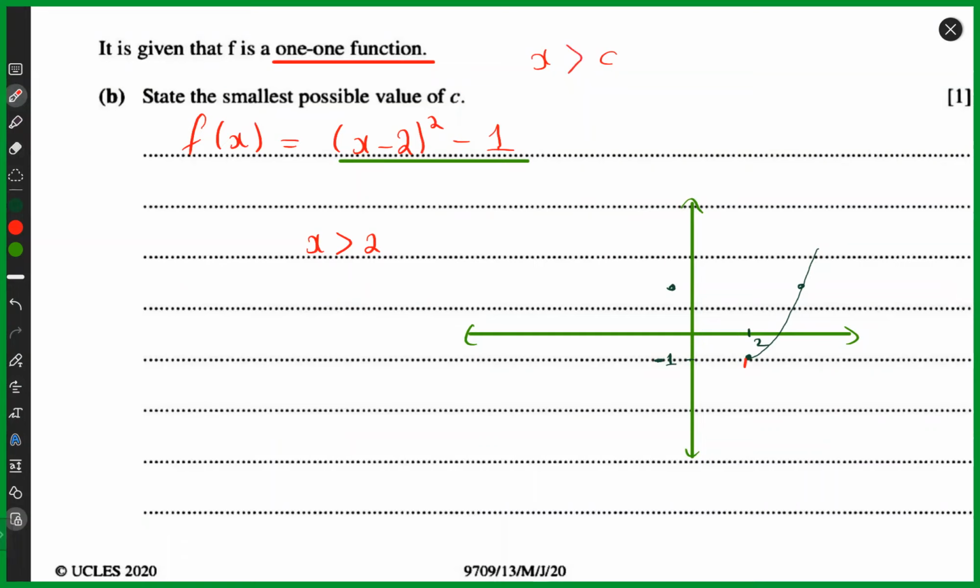Now we know that if this part of the graph is only going to be one-to-one, then for this scenario, what would be that value? That value is going to be 2. 2 is the lowest point of the domain, so x is greater than 2, right? That is why we can say that the smallest possible value of c is 2.